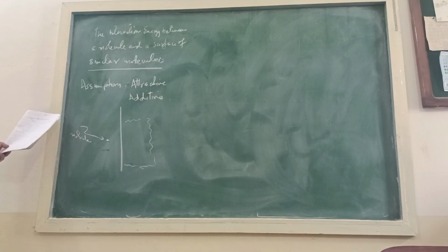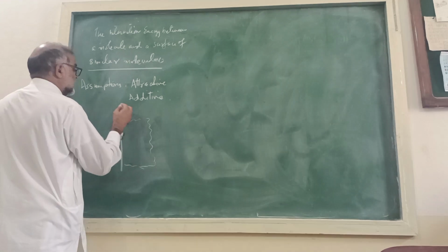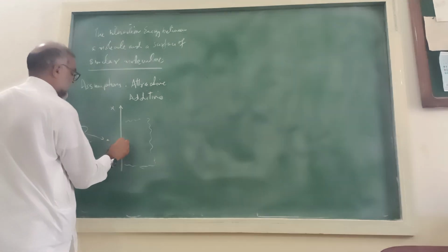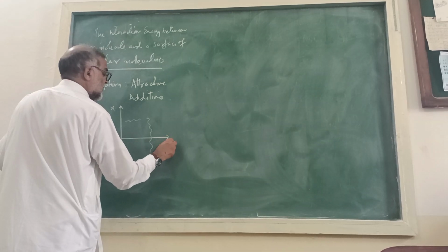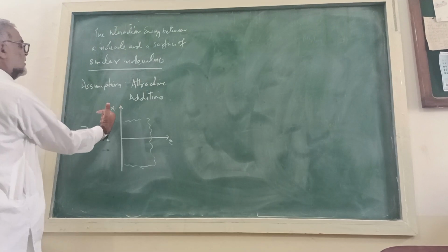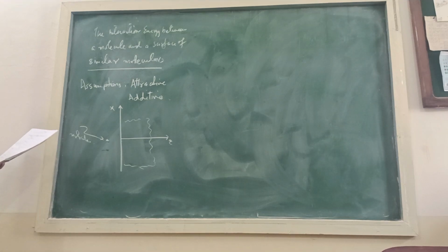And the surface is here. Let this be the x-axis, and this is y, and this is z. X, y, z, a right hand system, right?